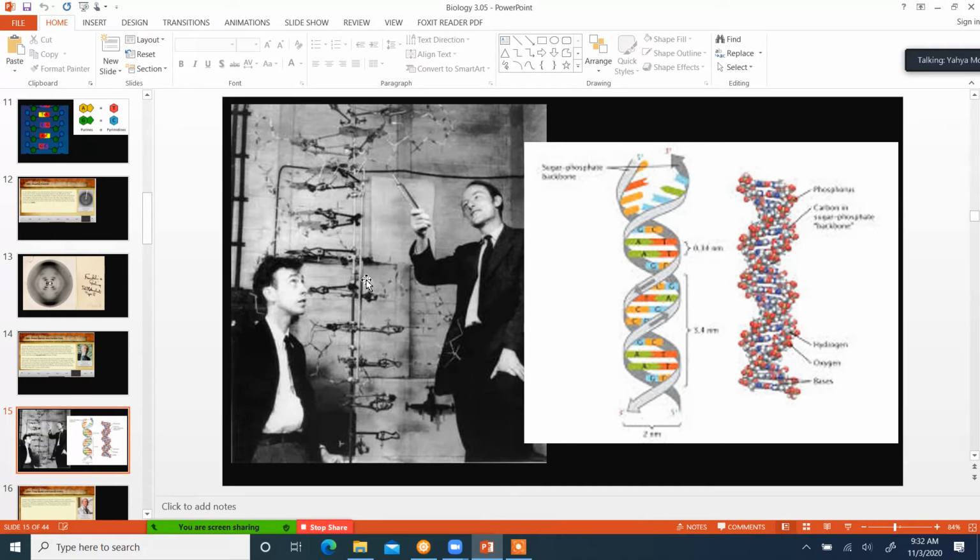So Freya, why do they call this a double helix? Look at this picture over here. Why do you think they call this a double helix? Because there's a double strand. Okay, so there's two strands. Why is it called a helix?